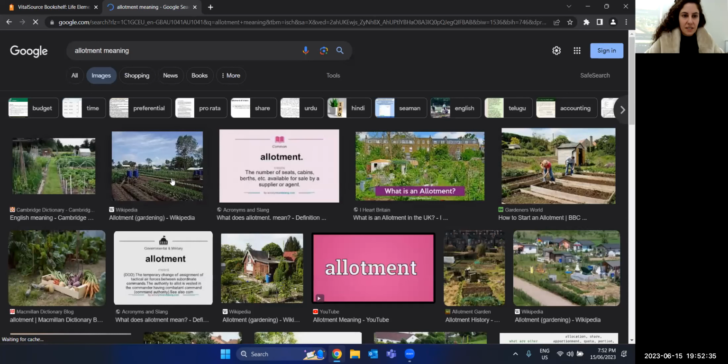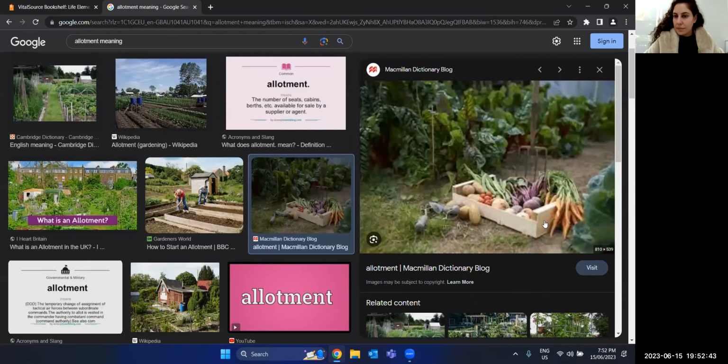It could be just space for vegetables and fruits, just an area of land for that.